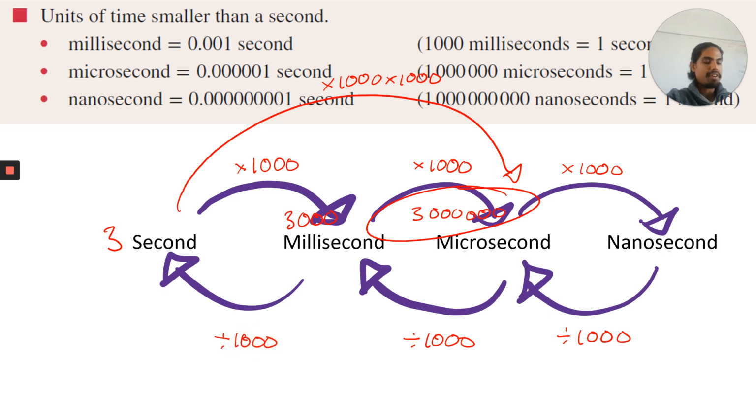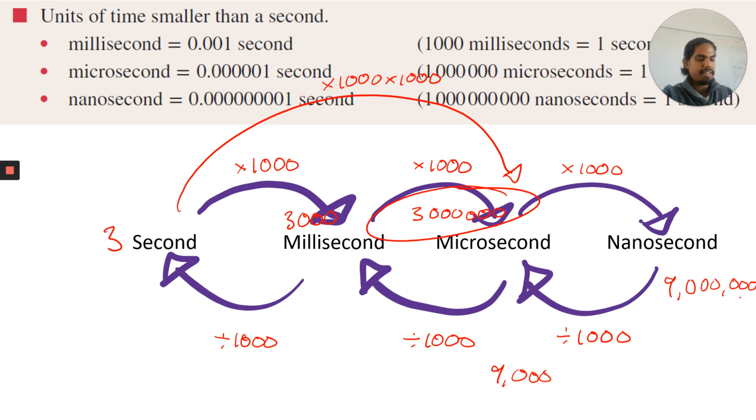So if we want to go from nanoseconds directly to seconds, let's say I have 9 million nanoseconds. If I want to convert that to seconds, I'll do 9 million divided by 1,000, divided by 1,000, divided by 1,000 again. Right, so we'd go, well, nanoseconds in microseconds would be 9,000, right?